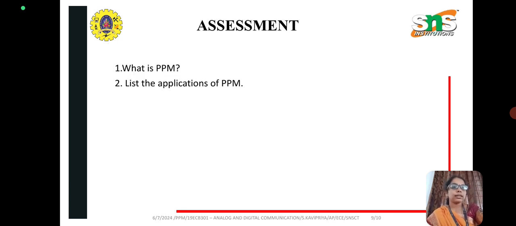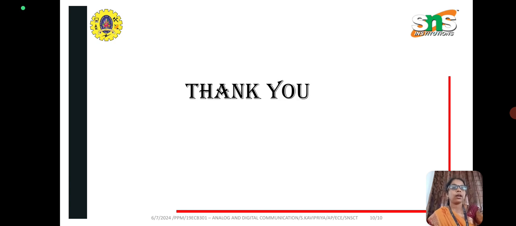And the assessment is: what is pulse position modulation and what are its applications? That's all about the introduction to pulse position modulation and how the pulse position modulated signal is generated. We have seen the modulation circuit, and how the message signal is extracted from the pulse position modulated signal.